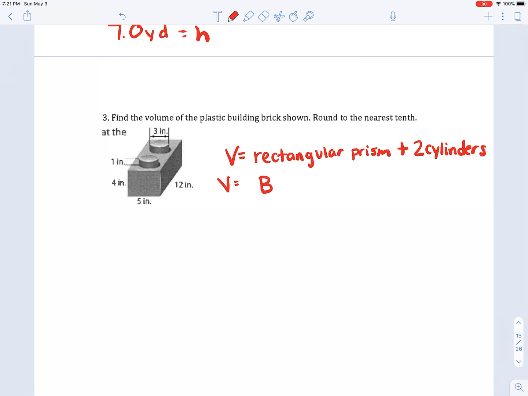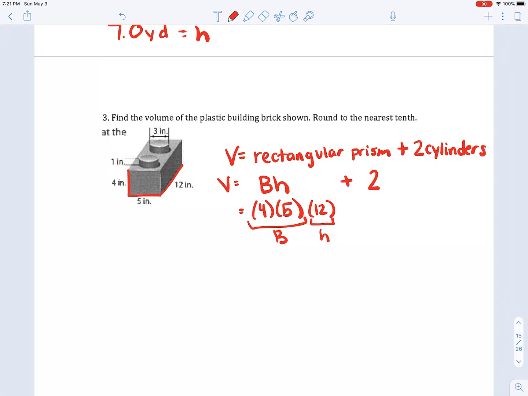The volume for a rectangular prism is the area of the base times the height. Okay, we know the area of the base of a rectangle is the length times the width. So I'm going to go with 4 times 5. That gives me my capital B. The height is what connects the 2 bases, which would be 12.